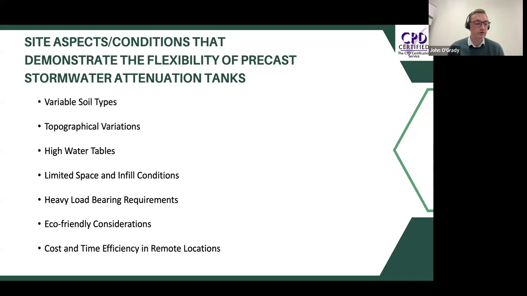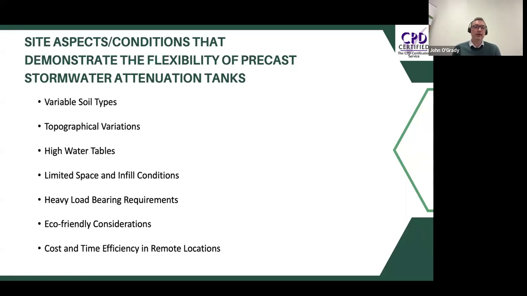Where you've got loose soils or varying conditions, it allows for effective utilization where other solutions or methods may fail. In terms of topographical variations, whether it's a slope site we can accommodate, or whether it's sort of low-lying regions prone to flooding, precast tanks can be deployed, allowing effective detention and, as you will have seen in the video, gradual release back to the natural greenfield state.